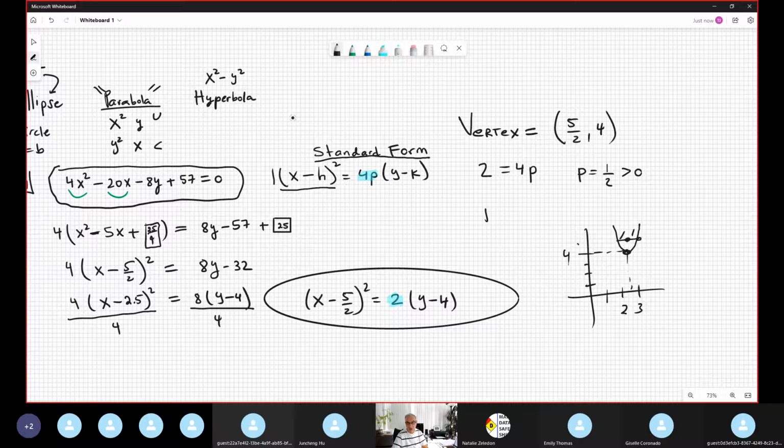At this point would be the point 3, something, because p is 1/2. 3, 4.5, I guess so, no? And the other direction is 1.5 because it's 2.5 minus 1.